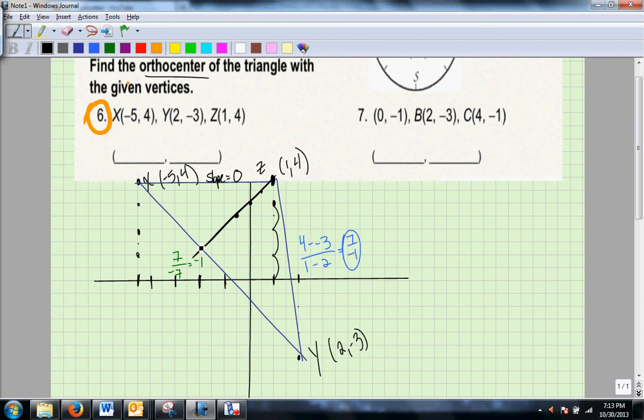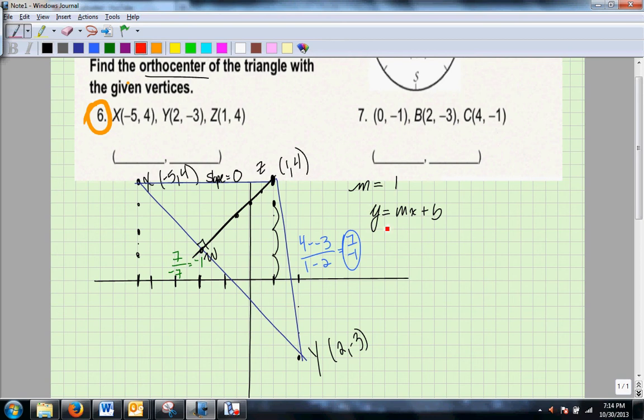And now we need to find the equation of that line right there. We'll call this z. Let's choose a coordinate here, z. So my slope there is going to be positive 1. I don't know my y-intercept, so I do y equals mx plus b.